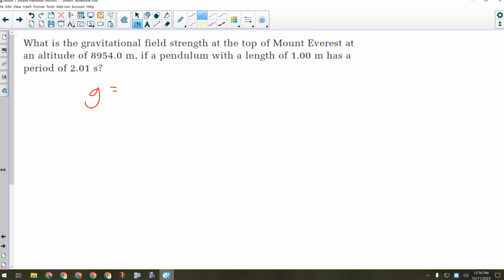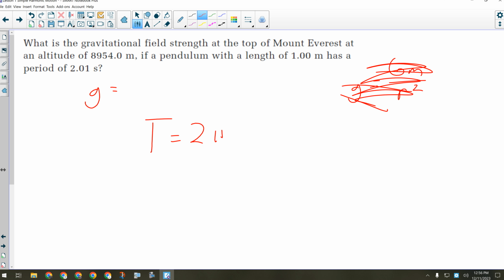Is that gravitational field strength, little g? Yes, it is. Remember, in the last unit, I hope you remember, we learned this formula for calculating gravitational field strength. Little g is gravitational field strength. I'm not going to use that formula right now, but I can use this one, because I have the length of the pendulum and the period of the pendulum, and gravitational field strength, little g, is in that formula.